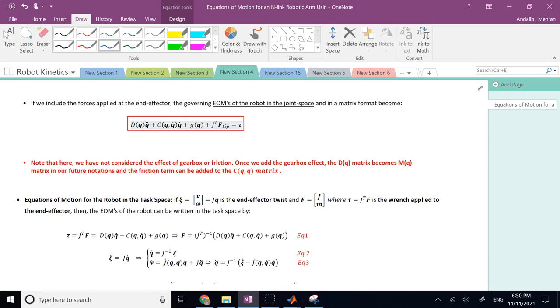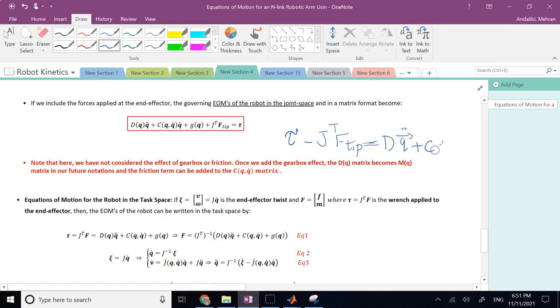So the total torque applied to the joints is going to be tau minus J transpose times F of tip, and this is equal to your D matrix times q double dot plus C matrix times q dot plus vector G.